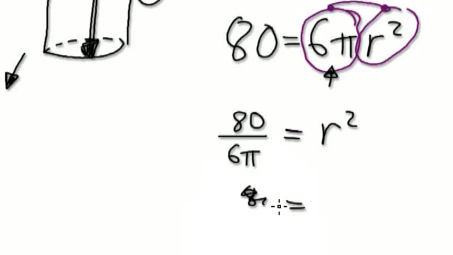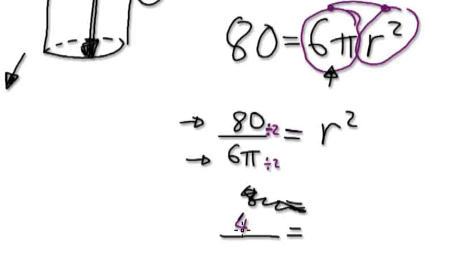But wait, before we do that, we can simplify. We should simplify whenever possible. So 80 is an even number, and 6 pi is in effect an even number. Let's divide top and bottom by 2. So the top will be 40, the bottom will be 3 pi.